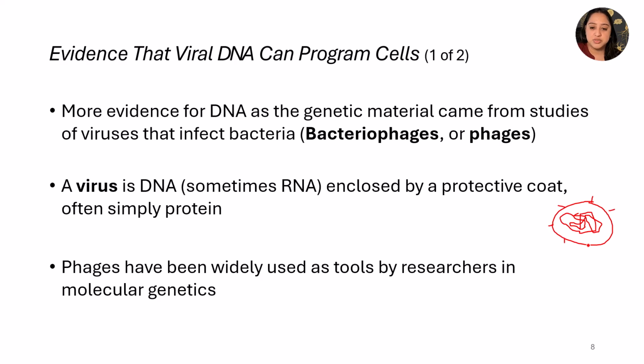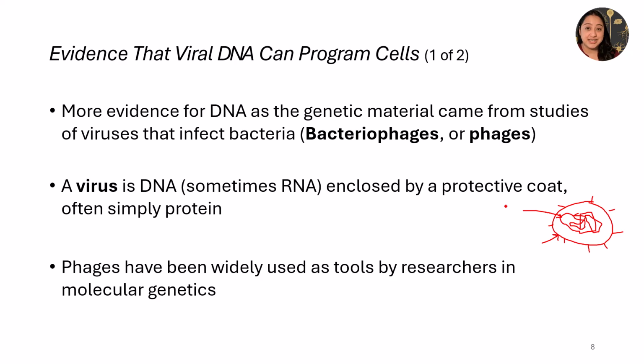Those are proteins on the surface. And that's all viruses are. There's no cell membrane because it's not a cell. There's no cytoplasm, nothing. It's just those two things, DNA or RNA, and then that protective coat, usually protein. And that's all viruses are.